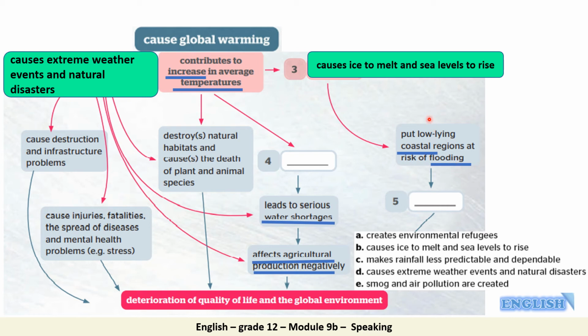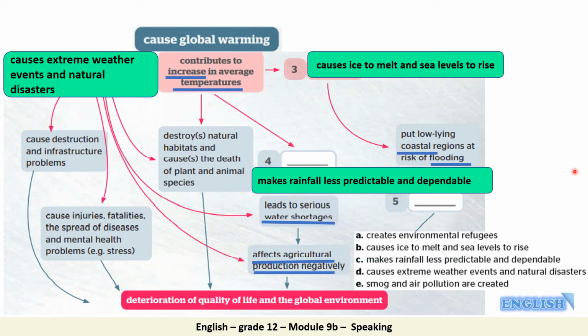Now we are talking about countries which will disappear. Number 4, you are going to think about something that will lead to serious water shortages. Great. It makes rainfall less predictable and dependable.